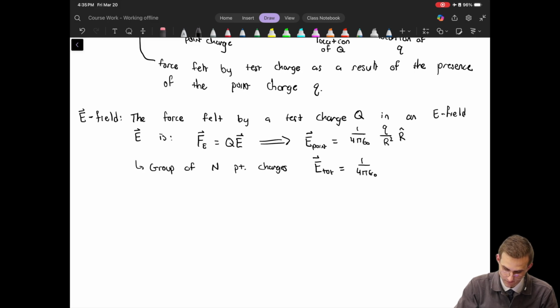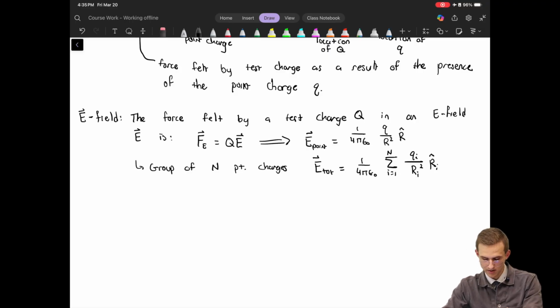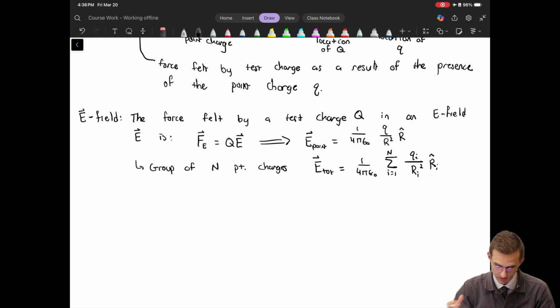You have 1 over 4 pi epsilon naught times the sum from i equals 1 to n of q sub i, the charge of the ith point charge, divided by R_i squared times R_i hat. Hat just means normalized vector here, if I didn't say that before. So you sum up all those different directions, and that gives you a total vector field, your total E field that results from all of those things.